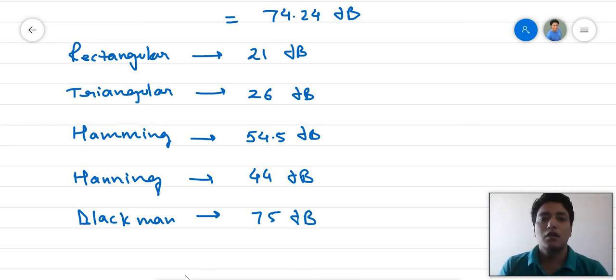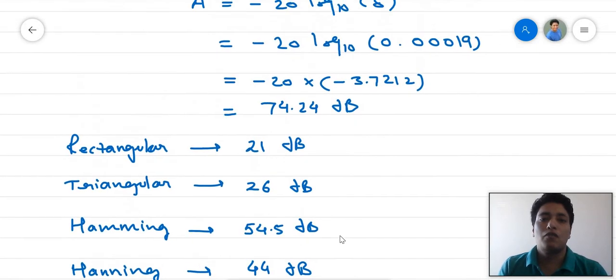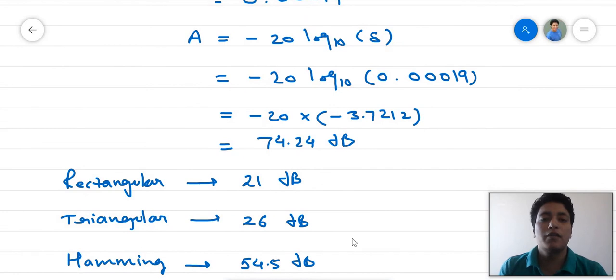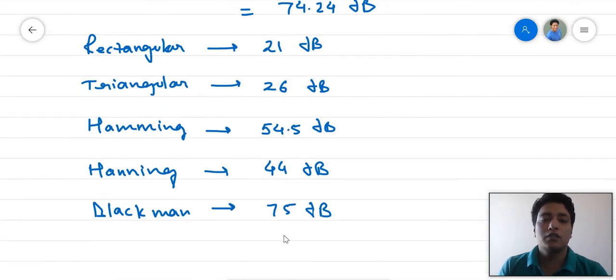Comparing with the required attenuation for this filter, that is 74.24 dB, the nearest one is the Blackman window.